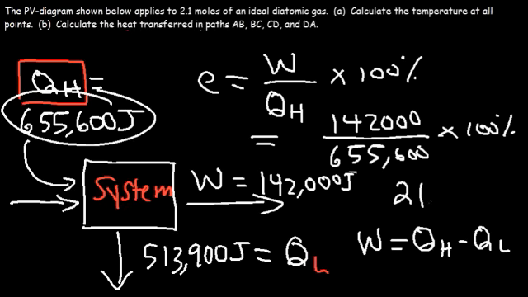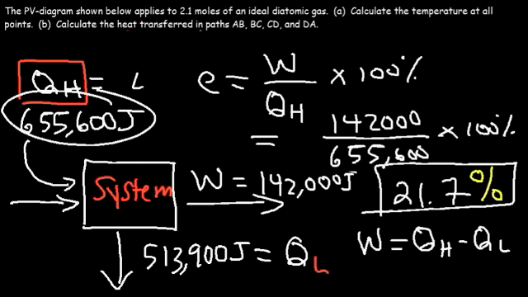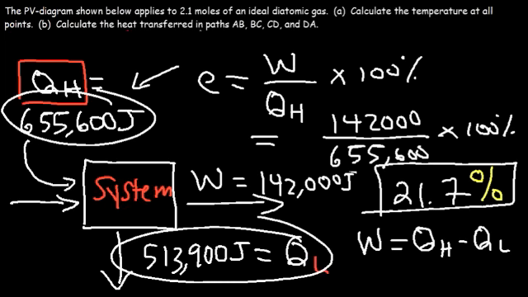So the efficiency is 21.7%. What this means is that this particular system can take 21.7% of the heat energy that is transferred to it and convert that heat energy into useful mechanical work. The other 78.3% is lost to the environment, which is a lot of energy that's lost. So these devices are not very efficient, but nevertheless, you can still use them to perform useful mechanical work.